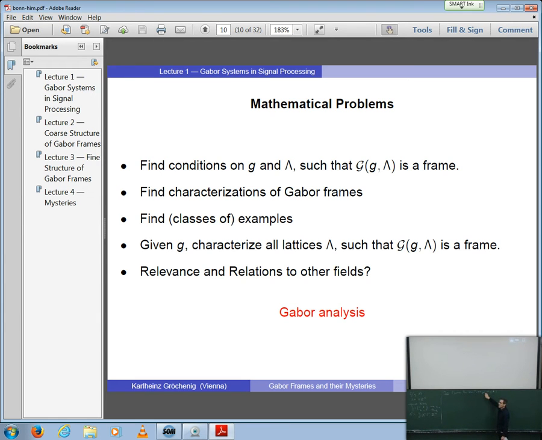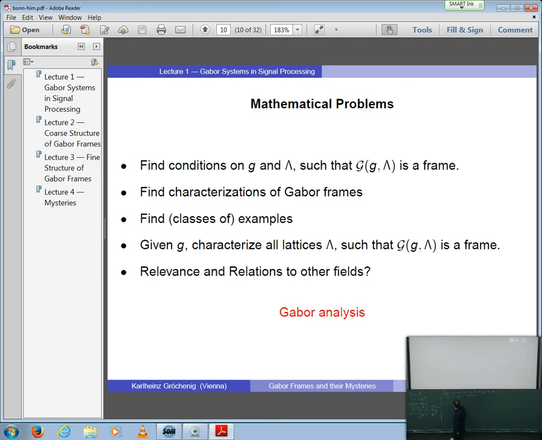And this, I think, is in the second book on Gabor analysis, edited by Hans Feichtinger and Thomas Strohmer. So g in L2, non-zero, and then the statement is the following. The following conditions are equivalent.